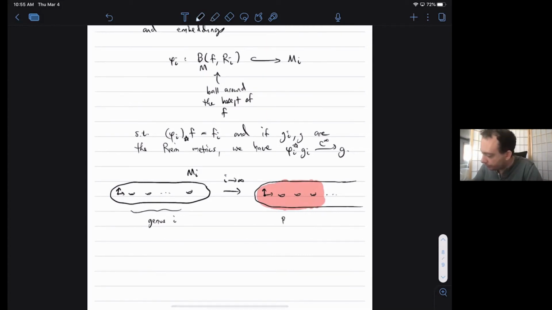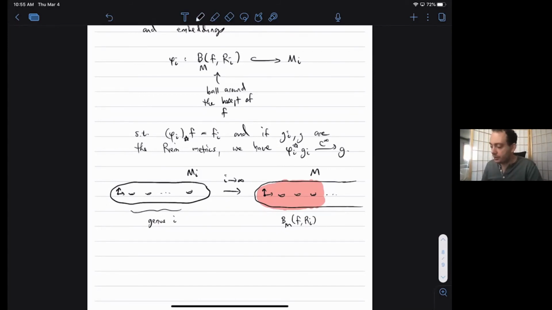So this you could take to be BM F Ri, and you can see that this thing then pulls back. I mean, this thing embeds in all the approximating Mi's for large i, and it sort of embeds almost isometrically.